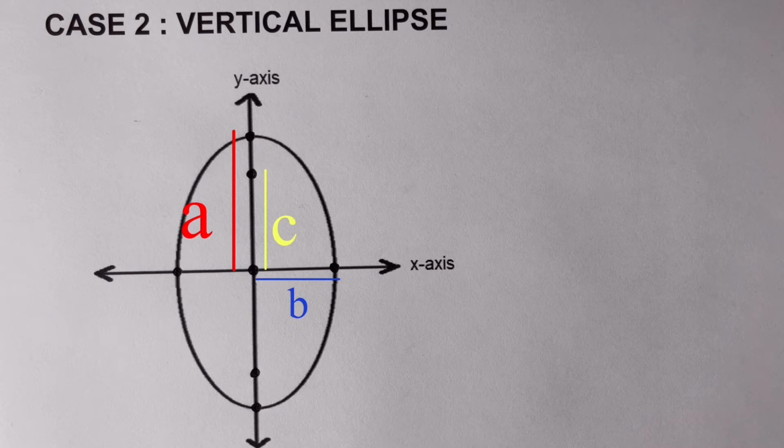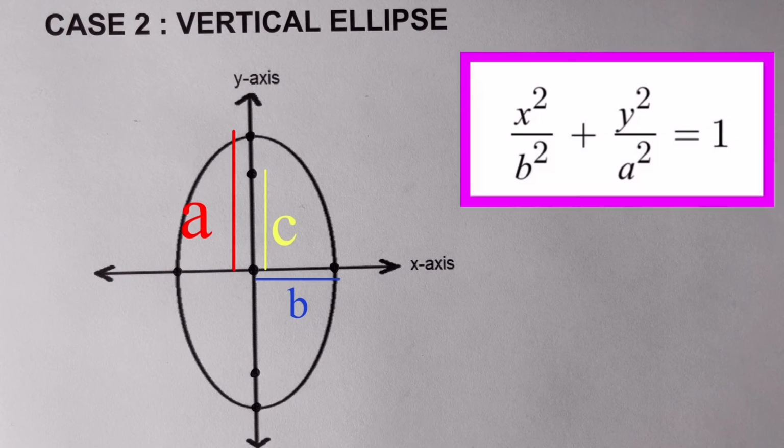Now, using these lengths A and B, we can therefore say that our equation for a vertical ellipse is x squared over b squared plus y squared over a squared is equal to 1. Notice that our a squared is under the y squared.